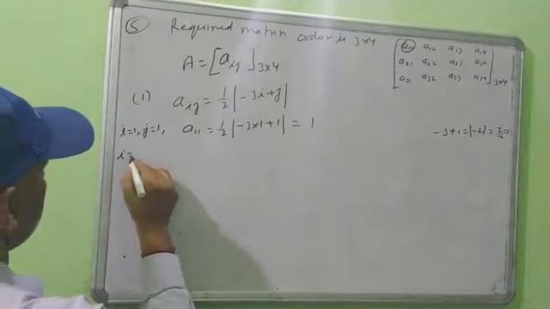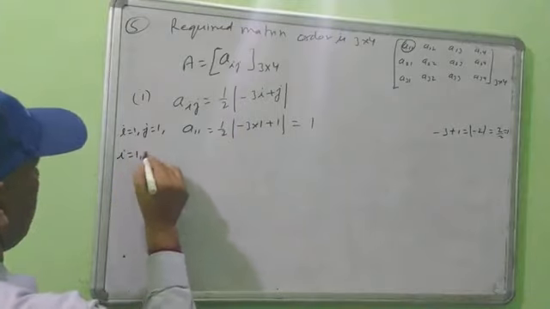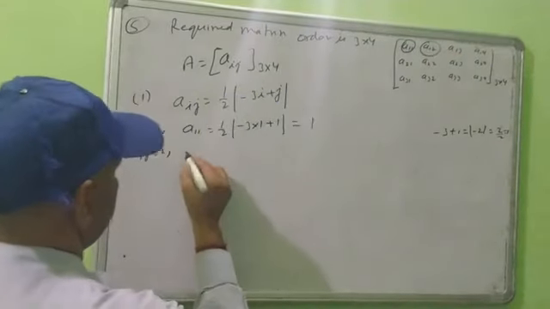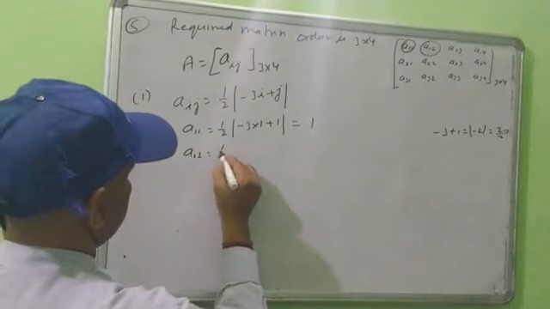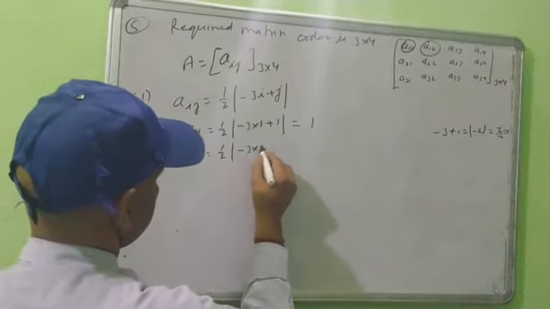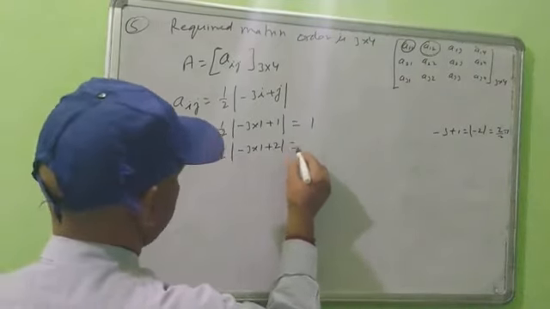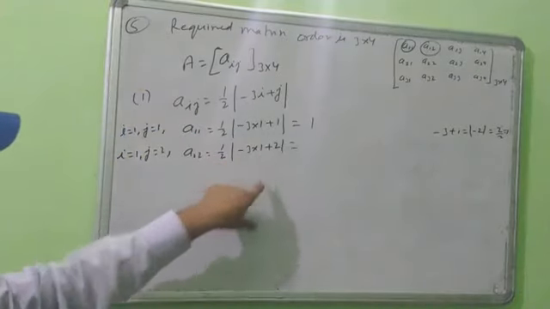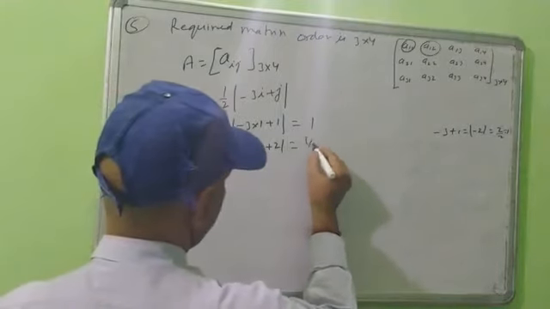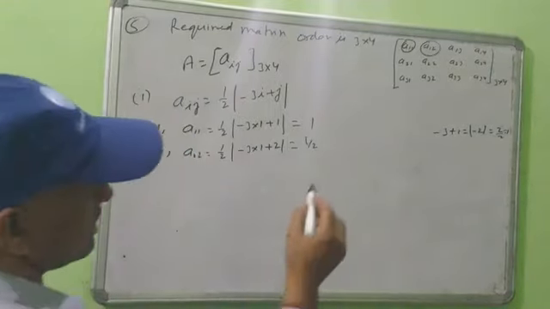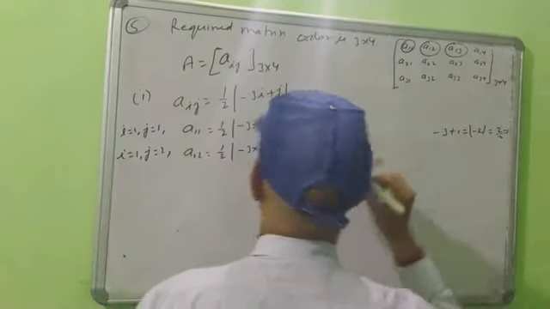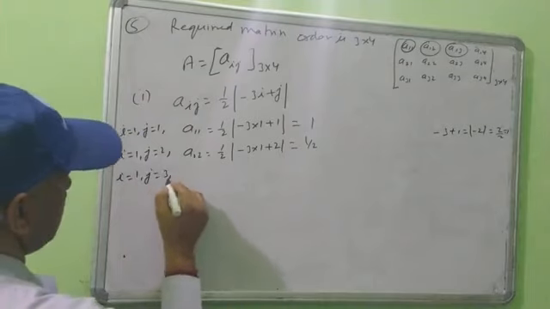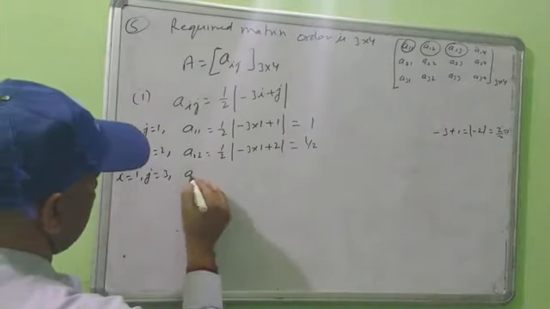Second, i equal to 1 and j equal to 2, meaning a 1 2. 1 upon 2, mod of minus 3 into 1 plus 2. Minus 3 plus 2 gives minus 1, so the result is 1 by 2. Similarly, for a 1 3, i equal to 1 and j equal to 3.